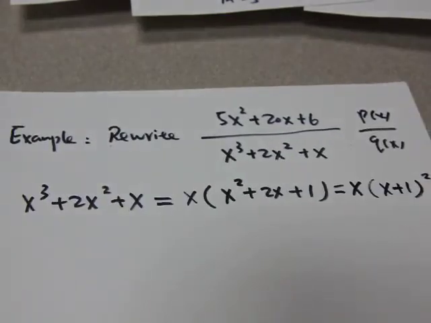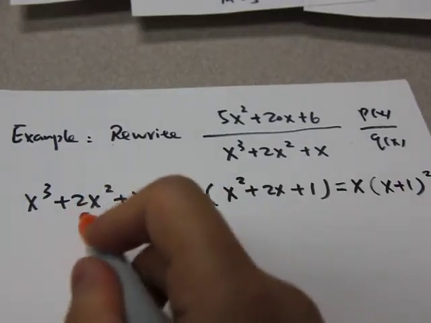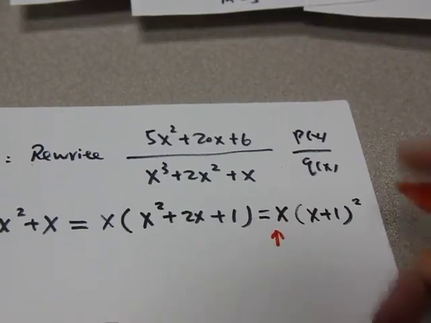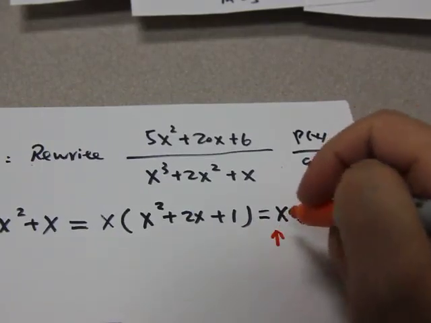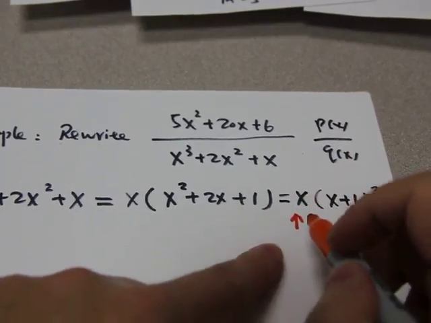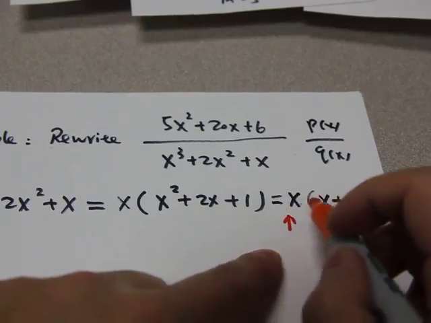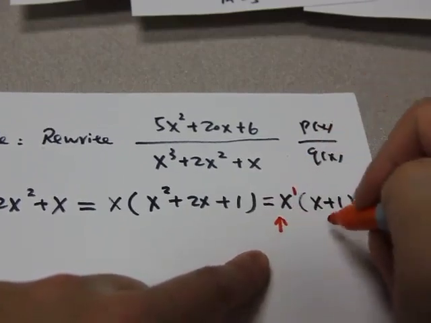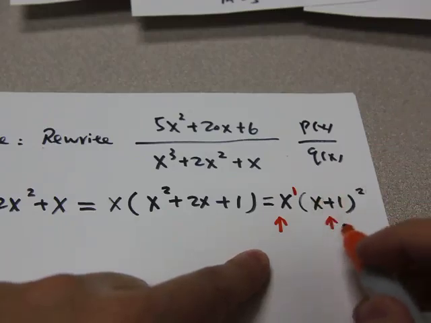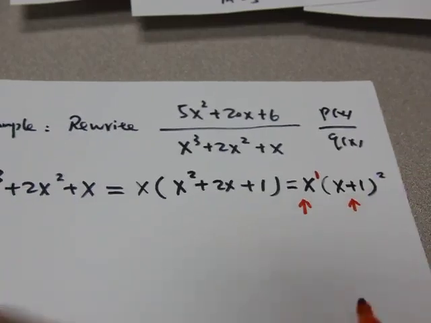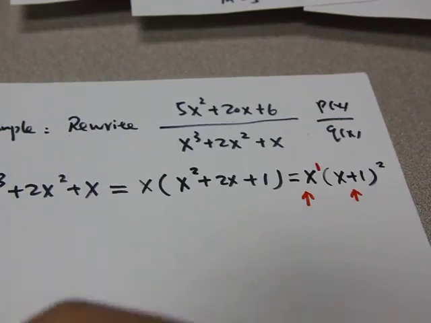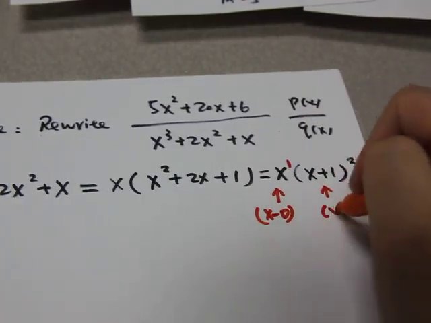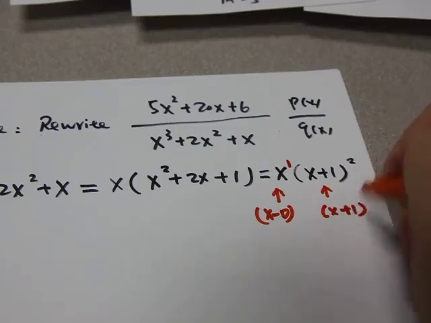Now, after we factor this polynomial, we notice that here we have two linear factors. One is x, and this is a non-repeated factor because the power is 1. And another linear factor is repeated, right? So this is like x minus 0. This is x plus 1.